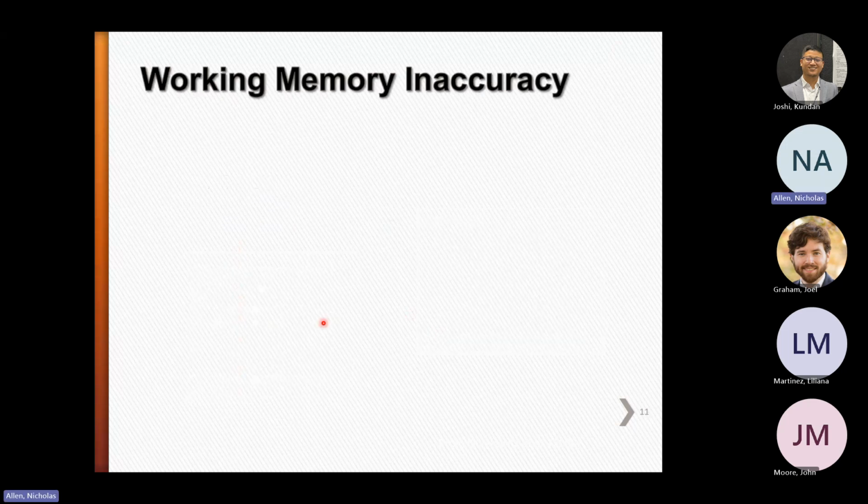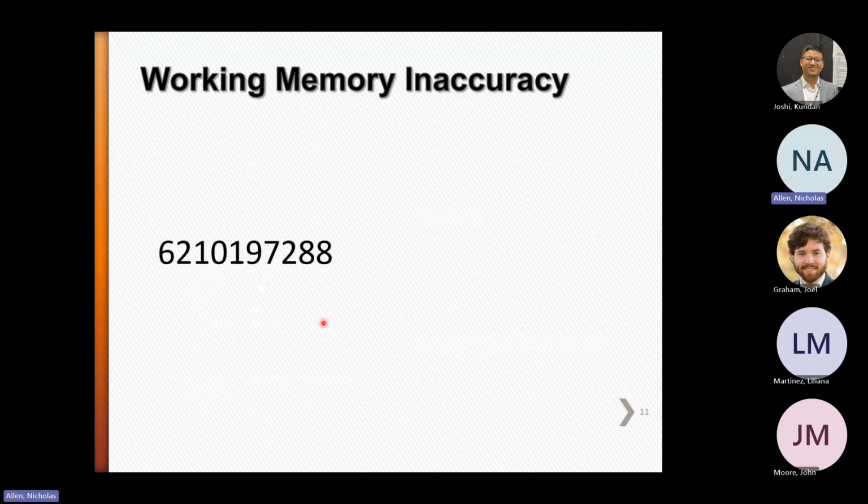So this model provides us some additional insights. If this model is truly how the brain maintains information in memory, we can use it to make some predictions. The prediction is, where is the inaccuracy coming from? We see a stimulus like that, and it's no longer present.